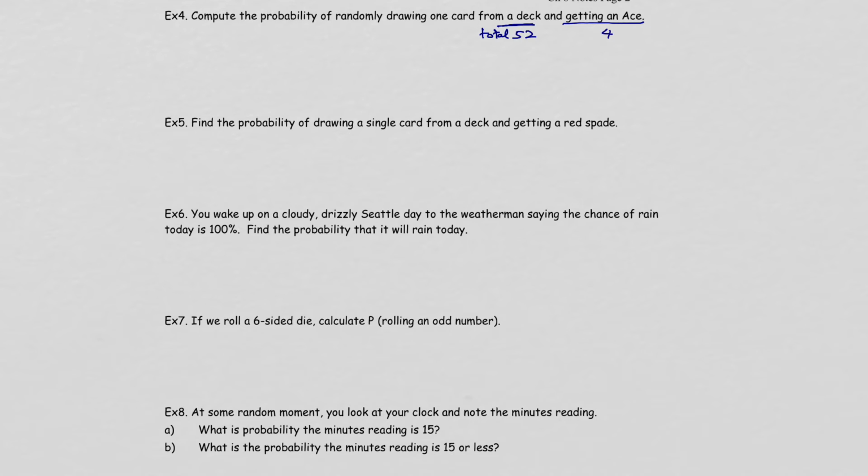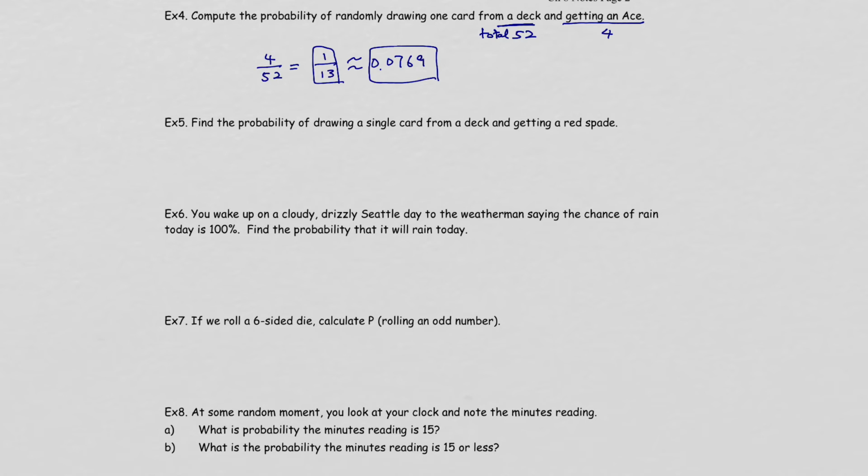So the probability of getting an ace from the 52 cards will be 4 out of 52. You reduce it, it will be 1/13. And most of the time you will see the probability written in decimal form. So if you want to do that, it will be 0.0769. So either format of the probability will be okay.